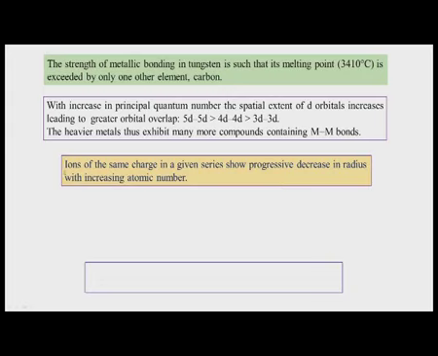So, the corresponding ionic size will go in a decreasing trend. There will be more attraction due to the higher effective nuclear charge, which will decrease the size of all these ions.